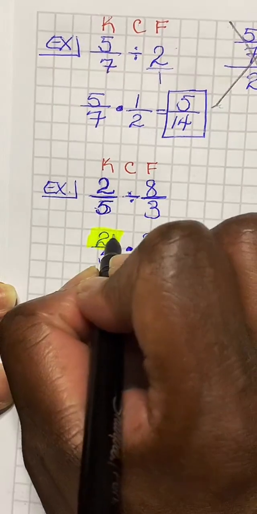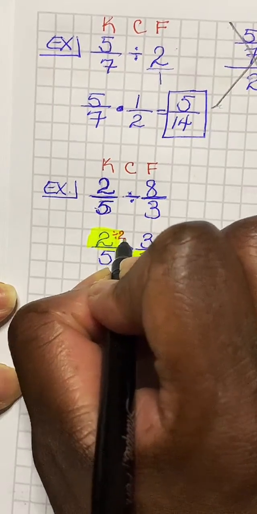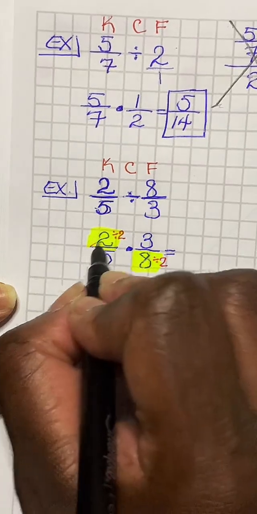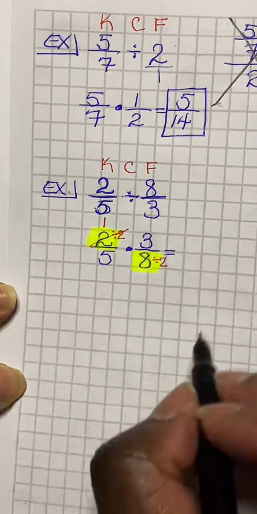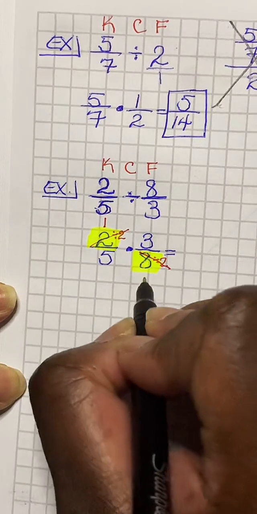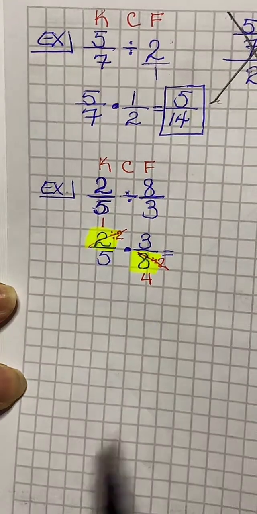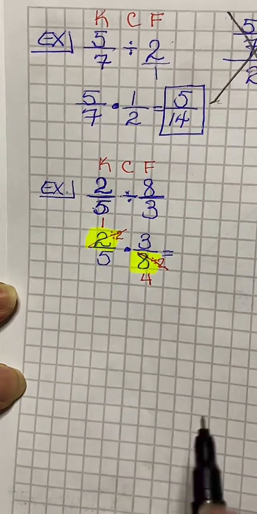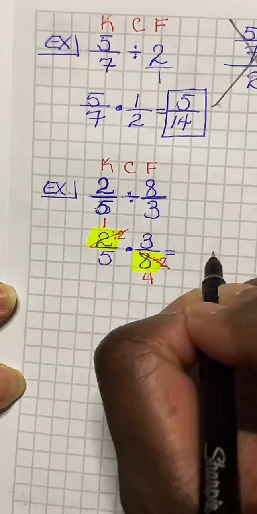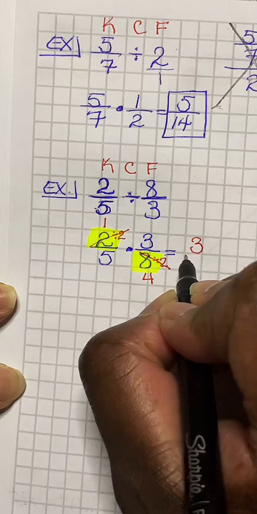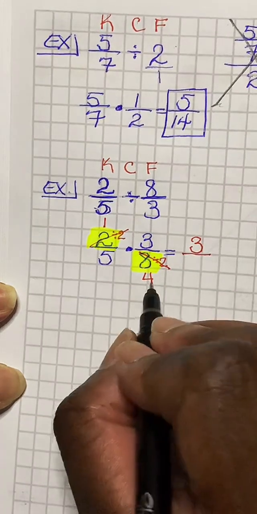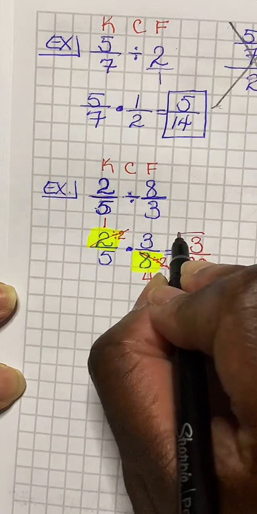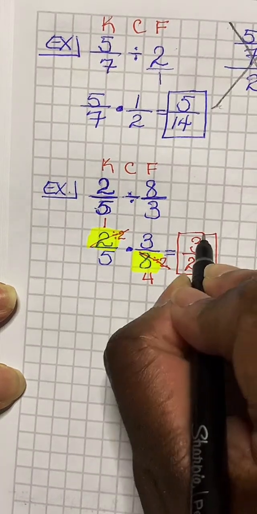Definitely can be reduced by 2. 2 divided by 2 will give me 1. 8 divided by 2 will give me 4. So now that we simplified, let's multiply straight across. 1 times 3 will give me 3. And 5 times 4 will give me 20. So it'll be 3/20.